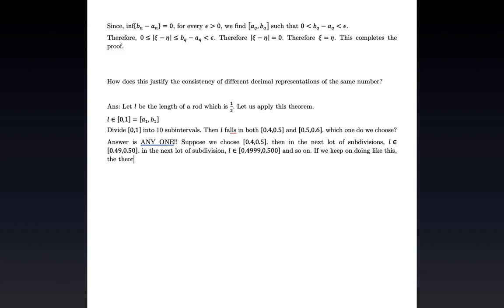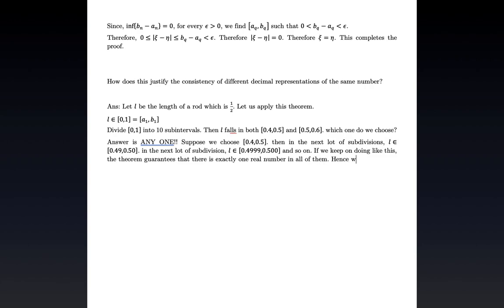the theorem, that is Cantor's nested interval theorem, guarantees that there is exactly one real number in all of them.